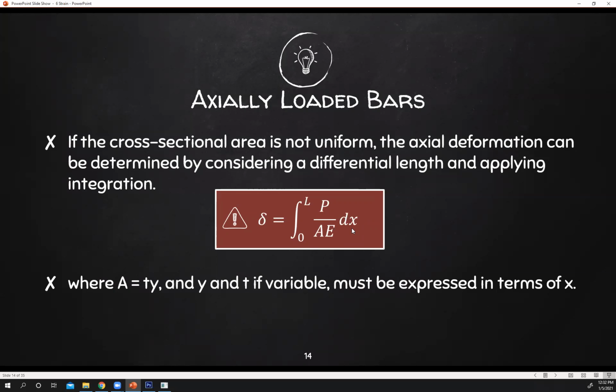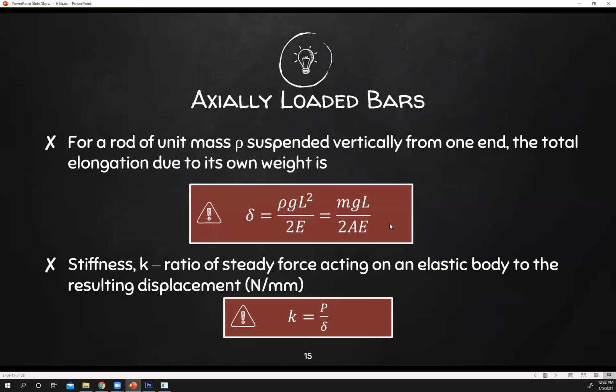Okay. If we have time, I'm going to show you an example of how to integrate or solve problems with non-uniform cross-sectional area. But for now, we'll focus on uniform cross-sectional areas. So we have this situation here for a rod of unit mass rho, suspended vertically from one end.